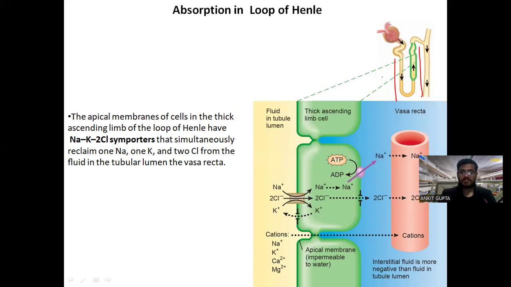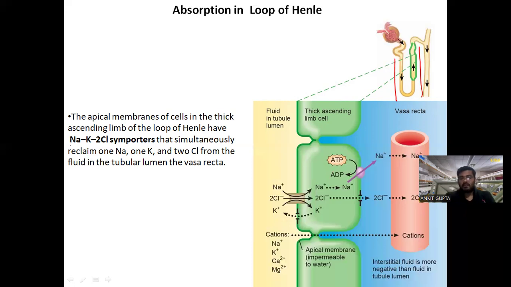We have studied this in the previous slide. Now comes the ascending limb of loop of Henle. In case of the ascending limb of loop of Henle, it is exclusive to solute reabsorption. It is impermeable to water. No water is reabsorbed in the ascending limb of loop of Henle. So, in order to understand how different solutes are reabsorbed in the ascending limb, this is the diagram.